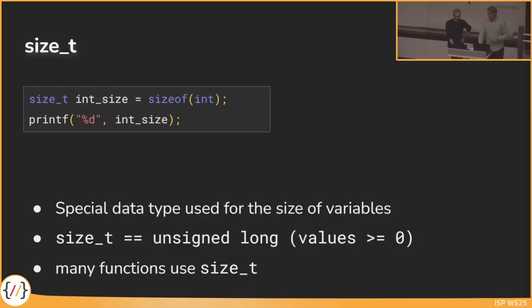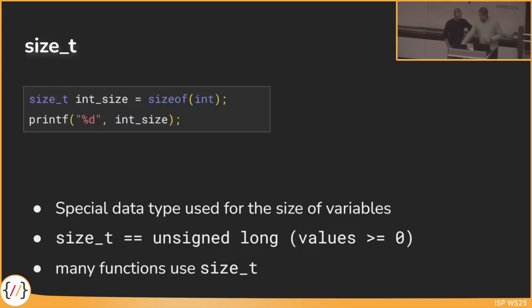Another advantage of size_t is that it can store the maximum value of an object. So we'll see a definition of that soon. But with size_t, it's guaranteed that it's not negative and that it can store the largest possible number of bytes an object can have.